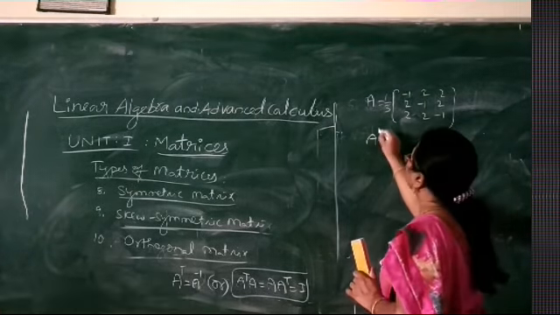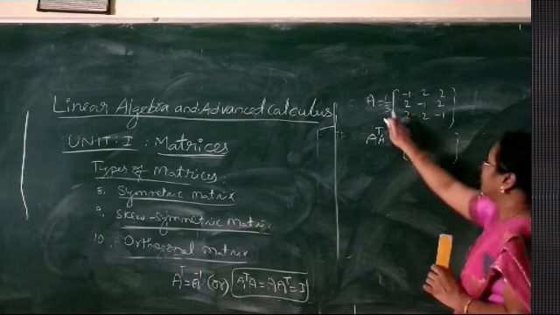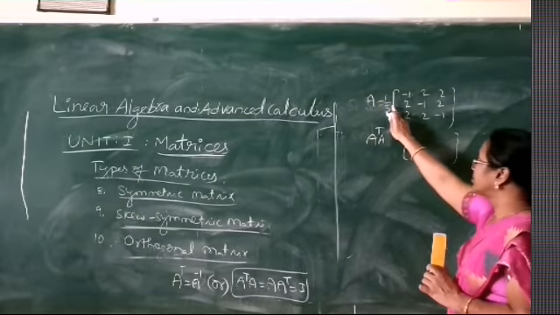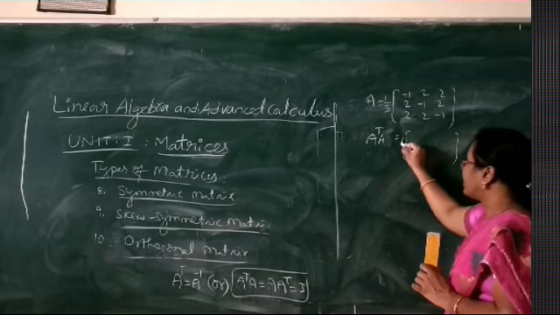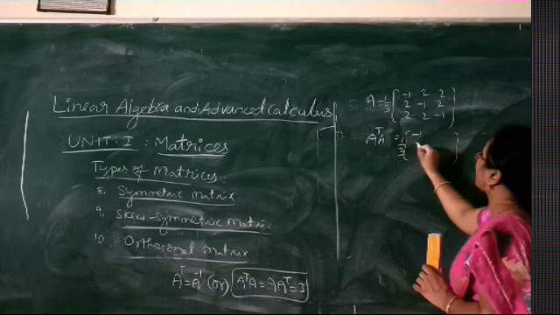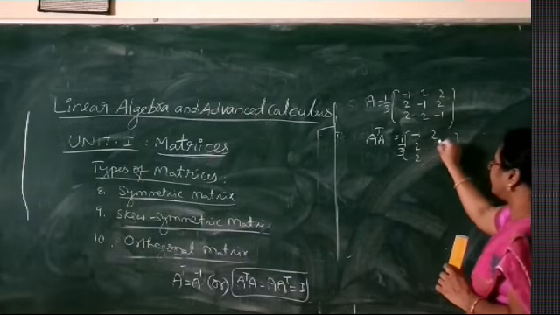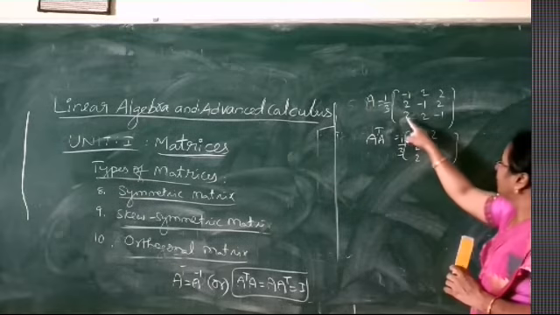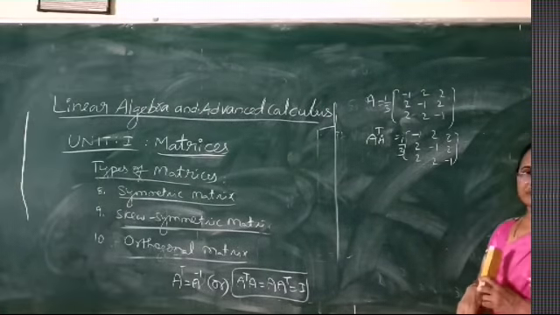When we calculate A transpose into A, let us first calculate A transpose, writing each row as a column. The first row becomes the first column, the second row 2 minus 1 2 becomes the second column, and the third row becomes the third column. This is our A transpose.